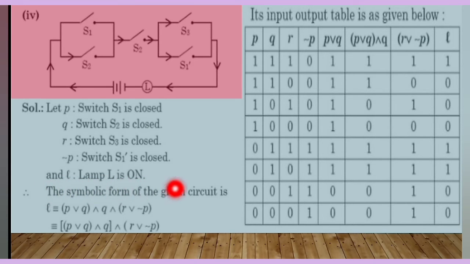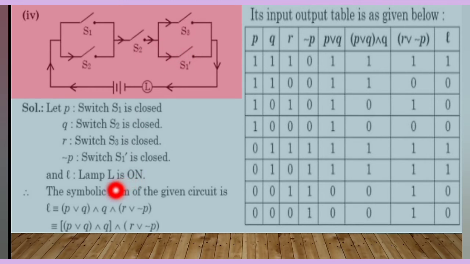The symbolic form of the given circuit: start from the first switch S1. See here, this is P. This switch is parallel to this switch Q. Since we write first bracket P or Q, and these two switches are in series, we write AND. This is Q statement, so we write and Q, again AND because these two switches are in series.